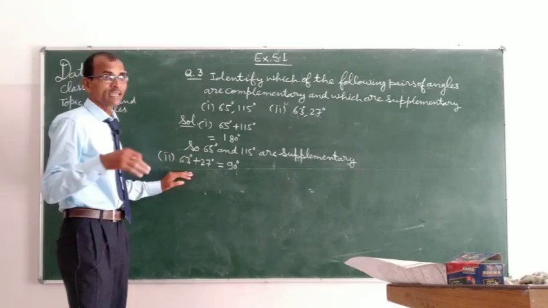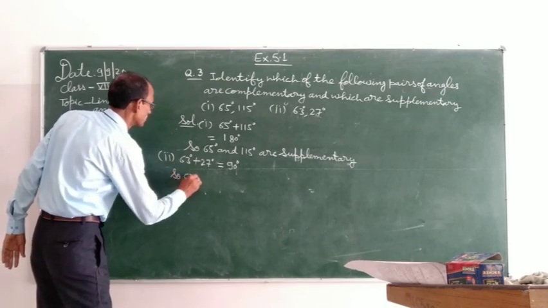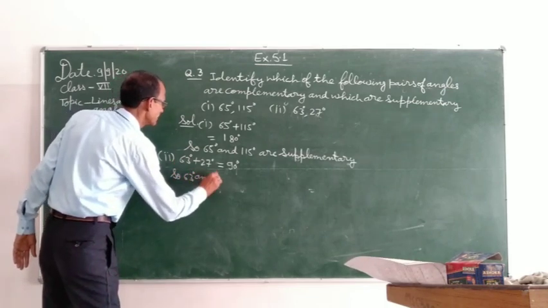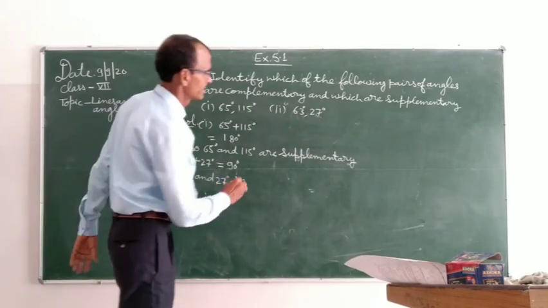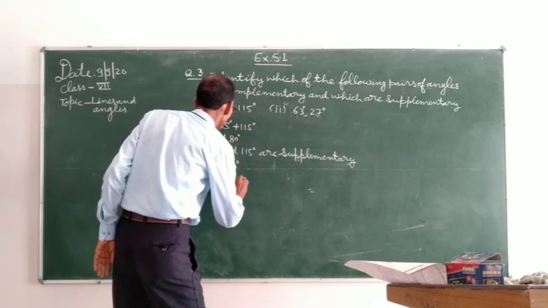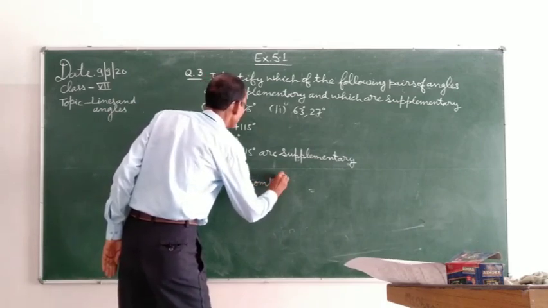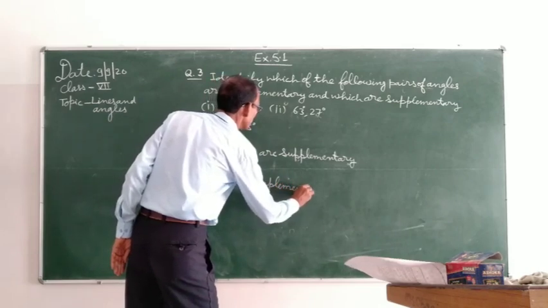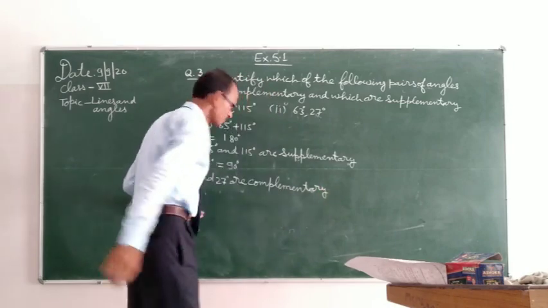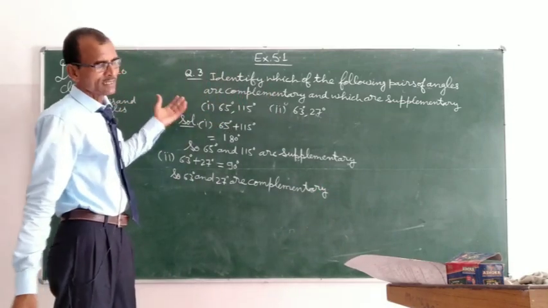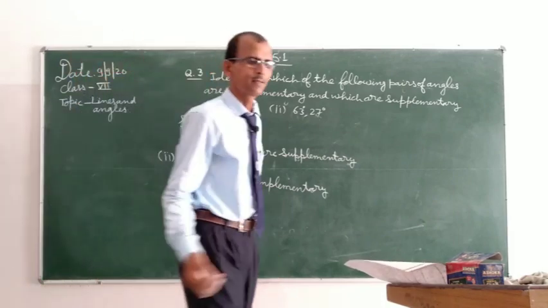These are complementary angles. So 63 degree and 27 degree are complementary. Okay? This way we can solve the remaining parts of this question. Understood?